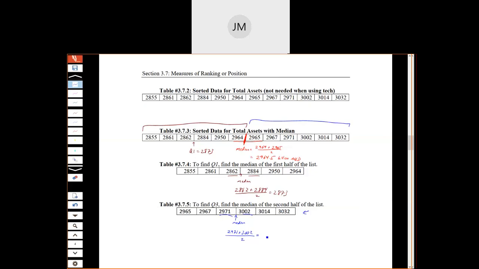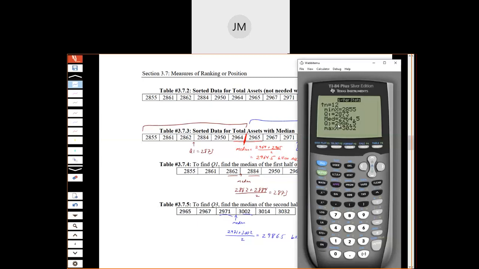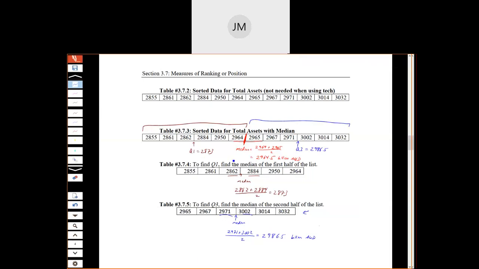I don't want to pull up my calculator and do that because I want to keep those other numbers on the screen, but I should get 2986.5. So that's going to be my third quartile. And that lines up exactly with what I get on my calculator: there's the 2986.5, and for Q1, 2873. So your calculator is doing the same process that we were learning by hand. Same numbers, so you don't have to worry about it.